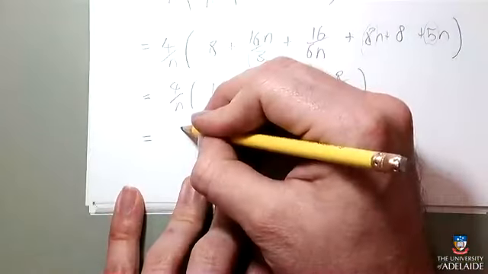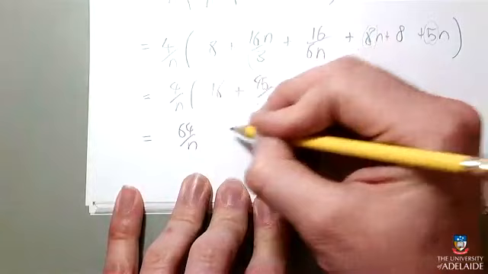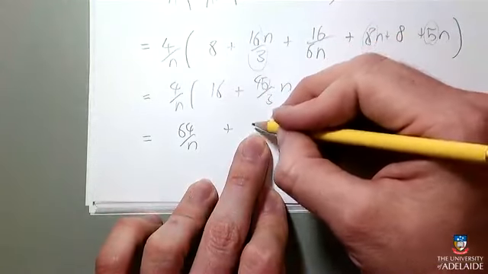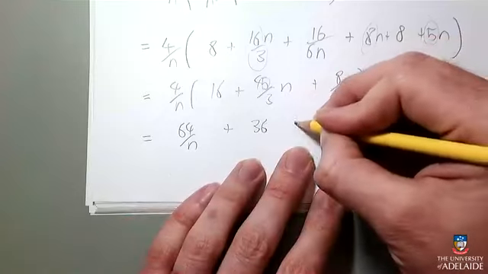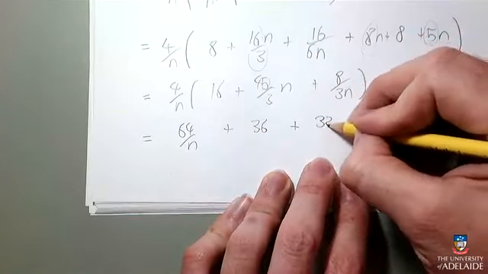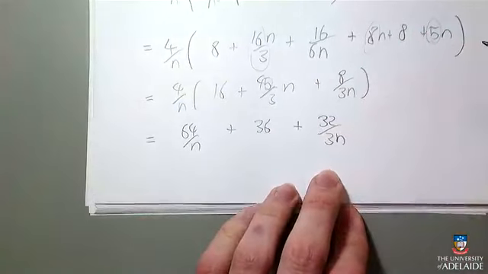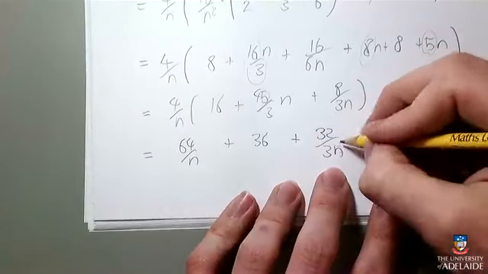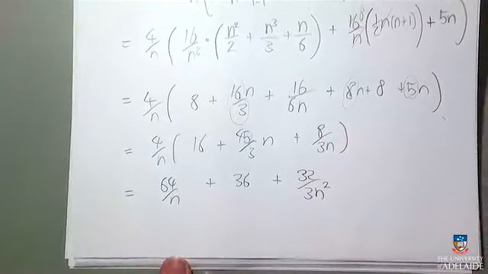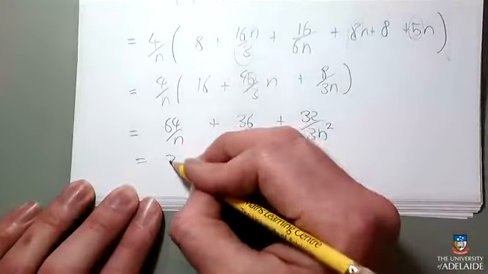And so we have 64 on n there. No, that's an n squared then. Beautiful. So that's what I get for my upper sum. Nice. It will be a little easier to process this later if I put the plain number first.